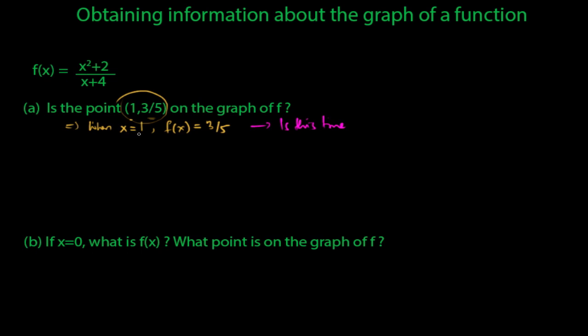To do that, I'm going to substitute x equals 1 into the function. So when x equals 1, we have f of 1 equals 1 squared plus 2 divided by 1 plus 4. 1 squared is 1, plus 2, divided by 1 plus 4, which is equal to 3 over 5.